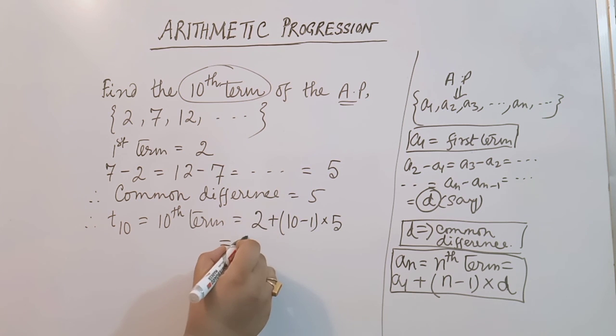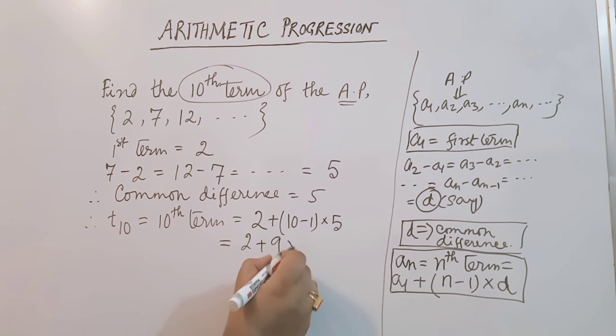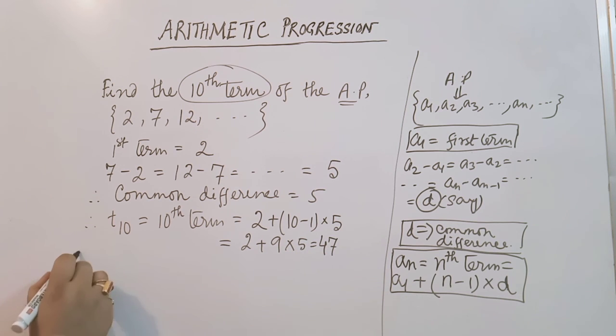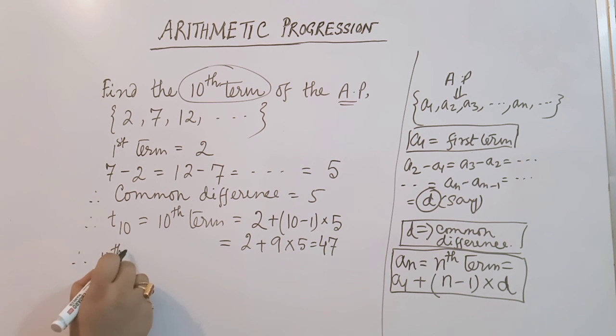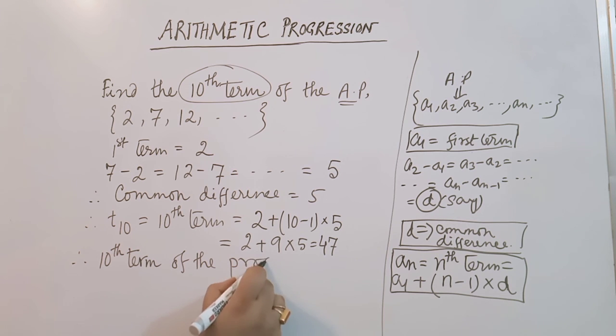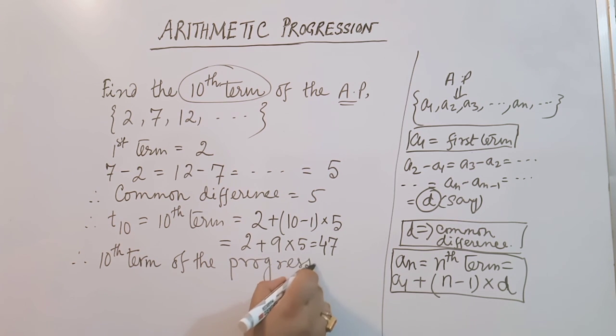So here we get 2 plus 9 into 5, that is 47. So the 10th term of the progression is 47.